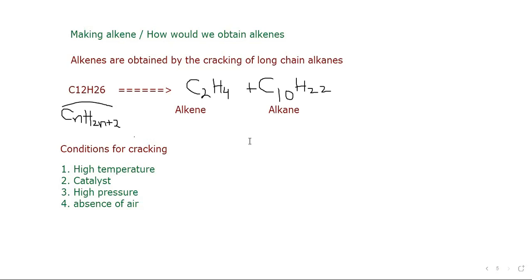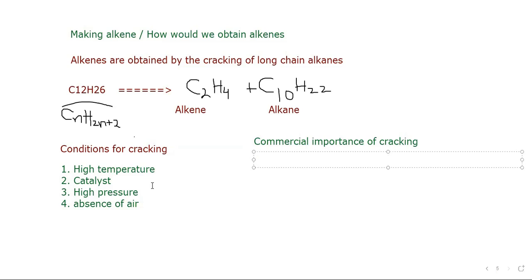I told you when I was going through the process of cracking, and I ask you to recall it again, the commercial importance or economic importance of cracking. What is the importance of this cracking process in petrochemical industries?